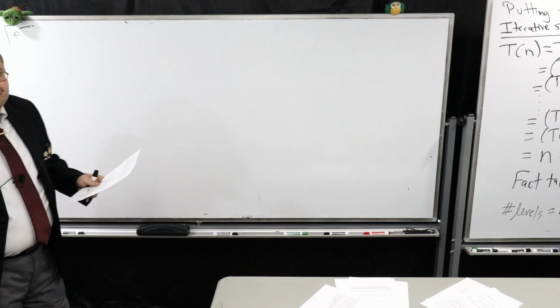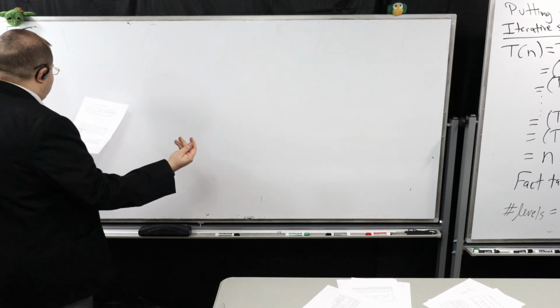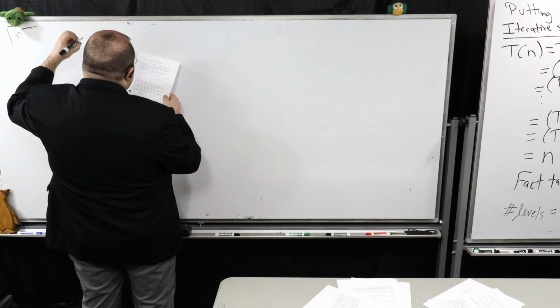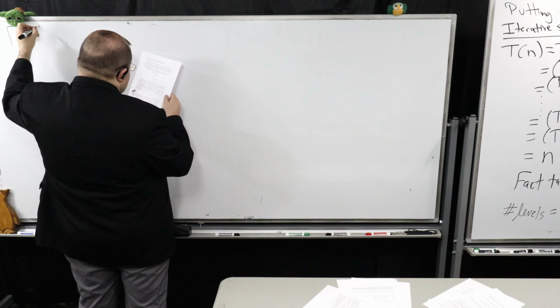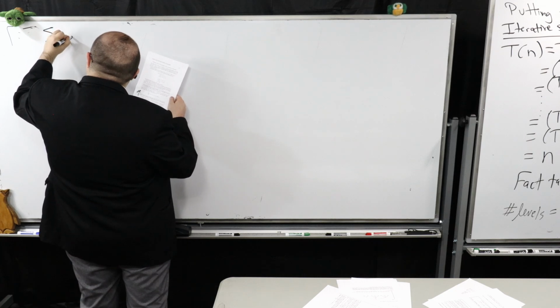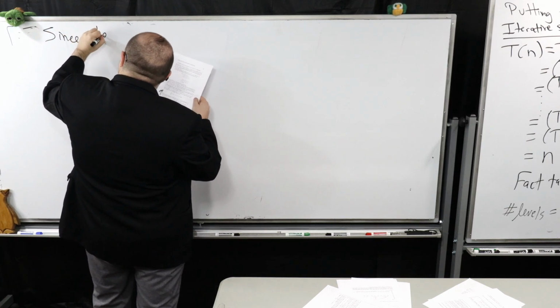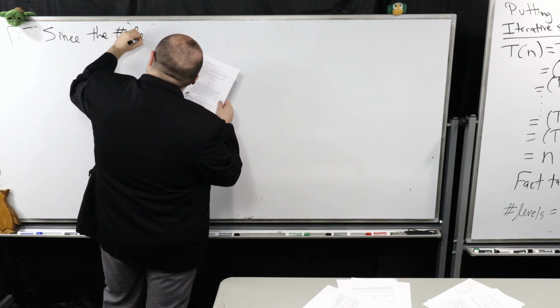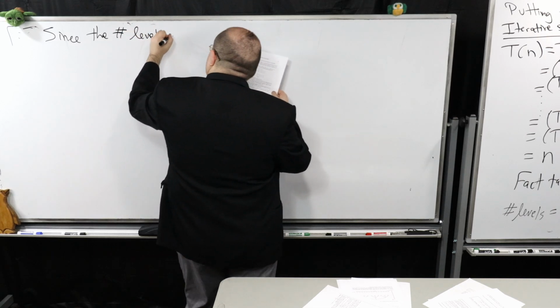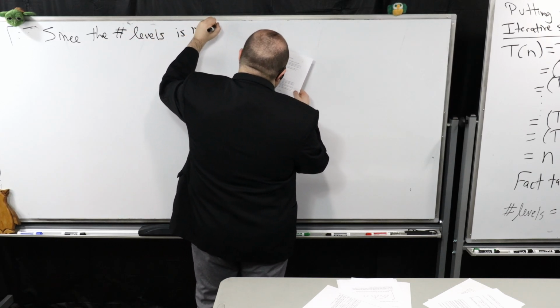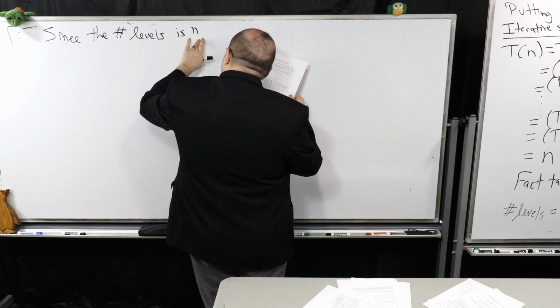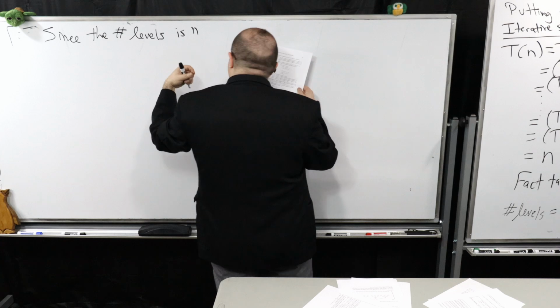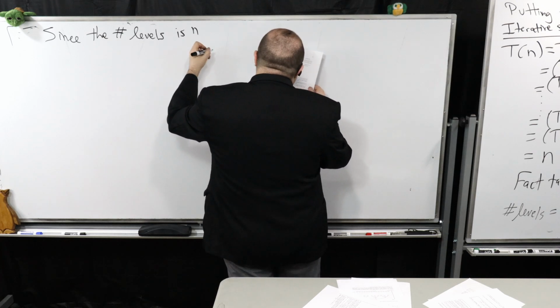Okay, so let's put this all together now. Since the number of levels is n, in fact, I'll say that the number of levels is n, but remember the height is n minus 1.